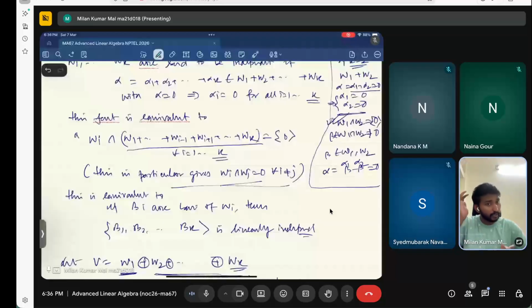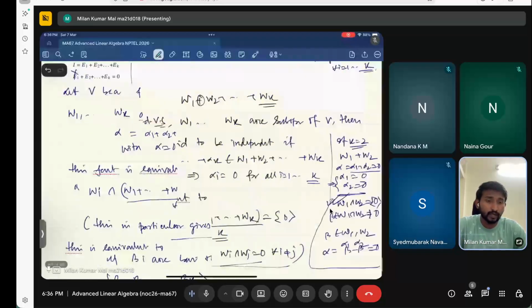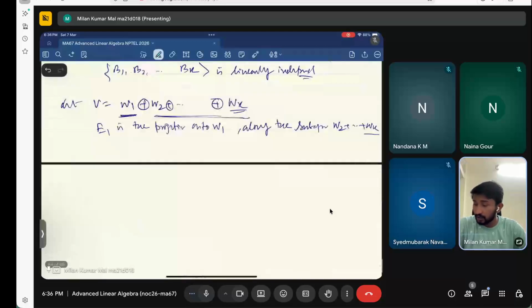These are the Ei. In the first question I tried to say that whenever you have a direct sum of two subspaces W1 and W2 whose intersection is 0, you get a projection operator.